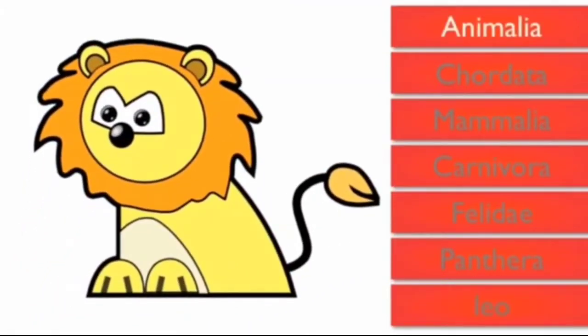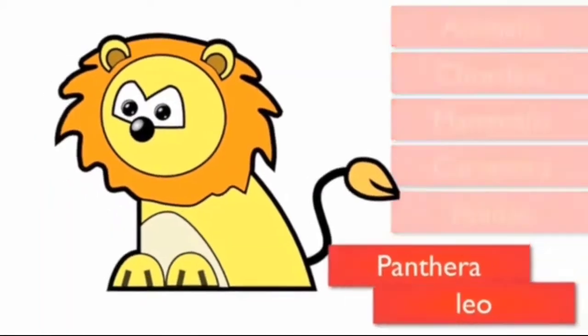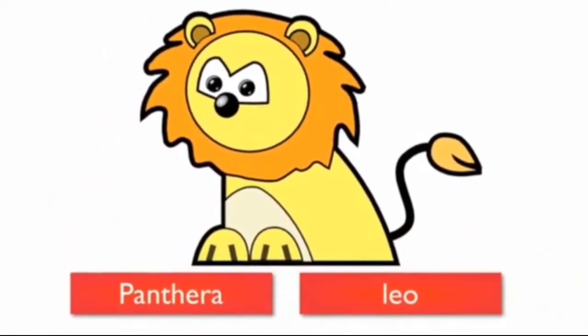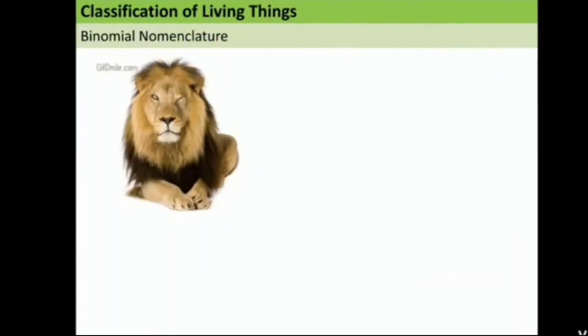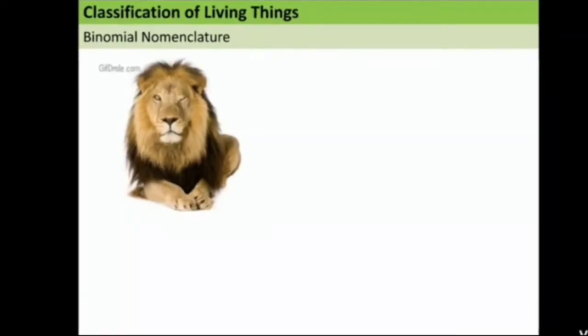We can conclude that lion is Animalia, Chordata because it has a backbone, Mammalia, Carnivora, Felidae, the genus is Panthera, and the species is leo. So the scientific name of the lion is Panthera leo. Binomial nomenclature is the naming system by using the Latin name for the organisms.